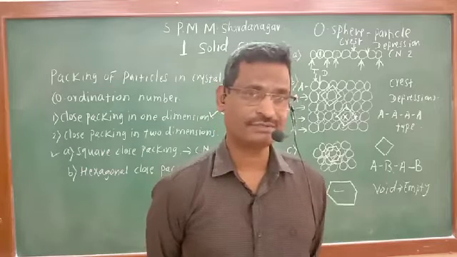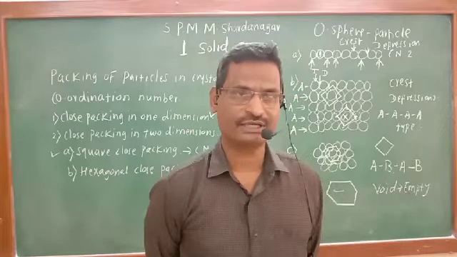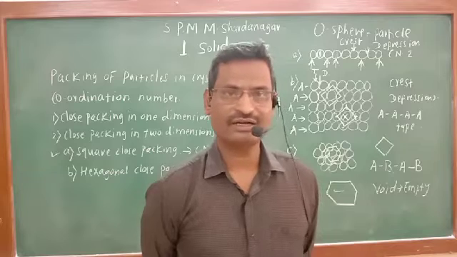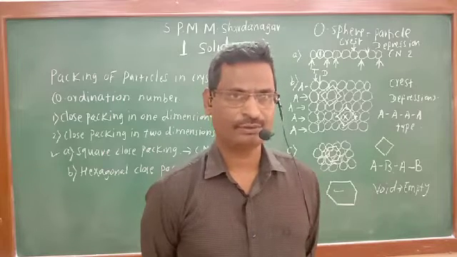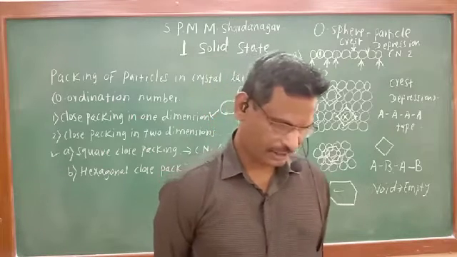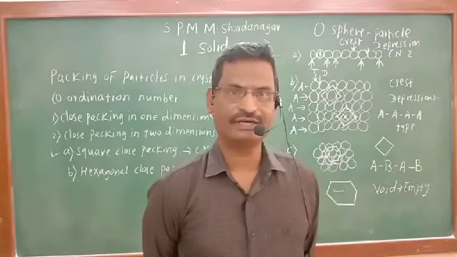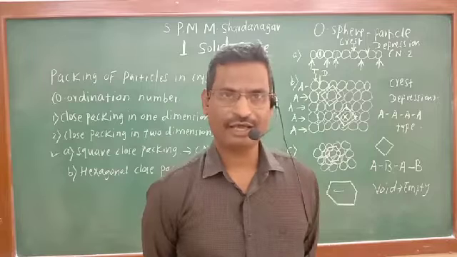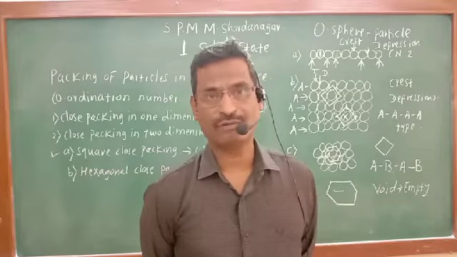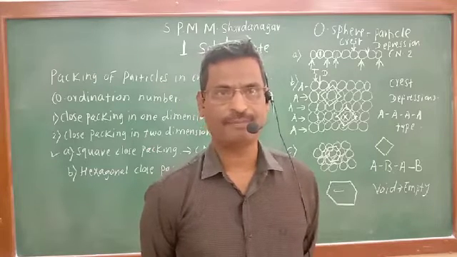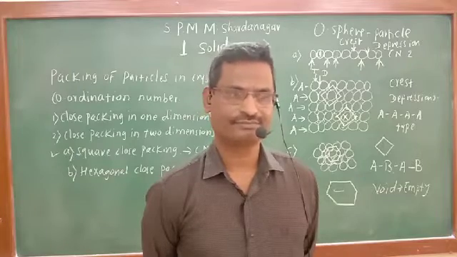So what are those terms? In that equation we have seen rho is nothing but the density of unit cell. Then small n is the number of particles present in unit cell. Capital M is the molar mass, molecular weight of the substance.